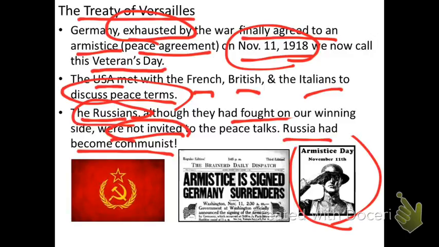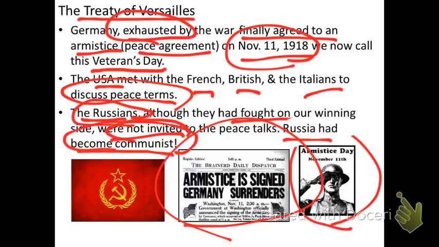Their choice of government, now communist, was not acceptable to the Allied powers. And here's a little bit of a headline depicting the armistice being signed.